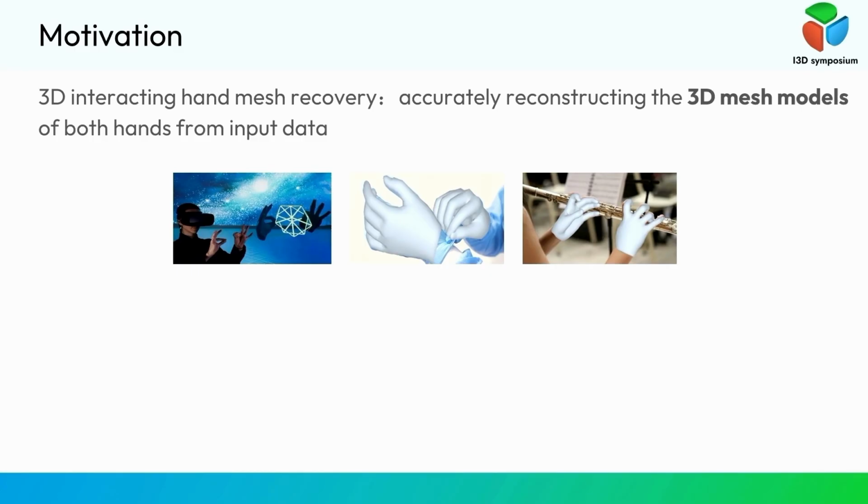3D interacting hand mesh recovery focuses on accurately reconstructing the 3D mesh models of both hands from input data. This has a wide range of applications in VR, AR, human-computer interaction, gaming, and medical simulations. As you can see in the figure, here are some typical application scenarios where 3D hand interaction reconstruction can make a significant impact.